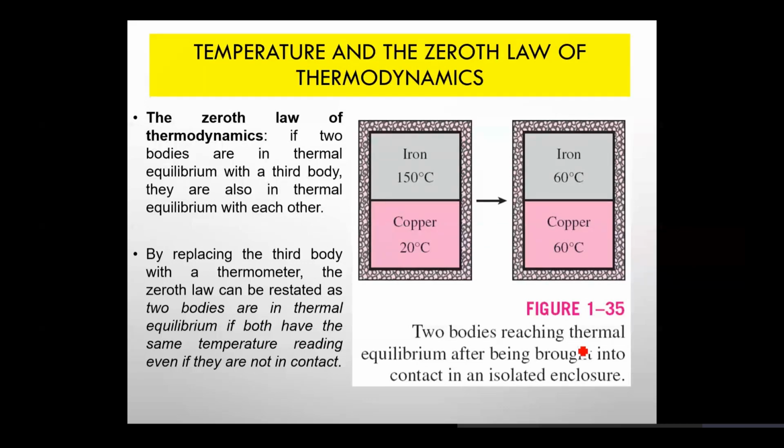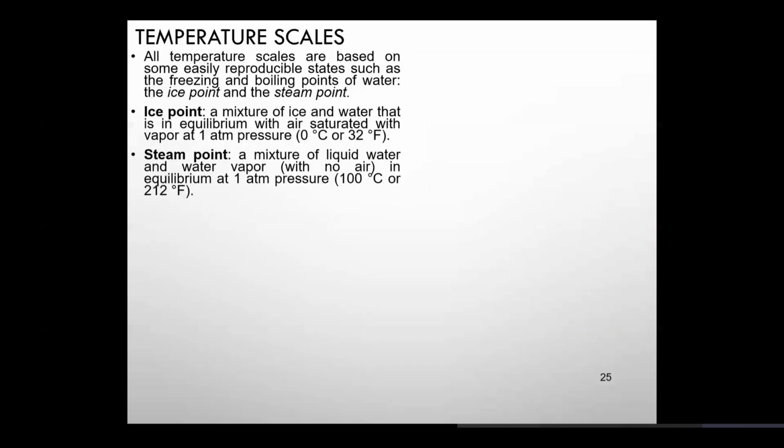Now, the same thing is written over here: you have two reference points. One is the ice point, the other is the steam point, which you use as the reference point to calibrate your thermometers. In the Celsius scale, you assign the value of 0 to the ice point, and in the Fahrenheit scale, you assign the value of 32 Fahrenheit to the ice point.